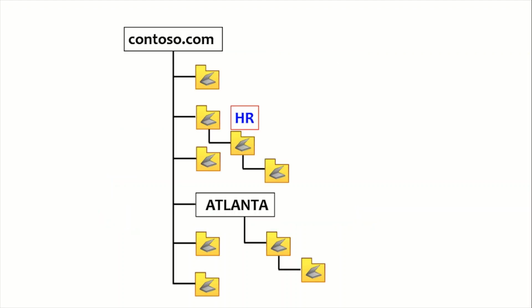Let's take an example. We have an Active Directory here, contoso.com, and we have a number of organizational units and a site named Atlanta. So we have this domain contoso.com, a site Atlanta, and an OU named HR. We can apply policies at these 3 containers.